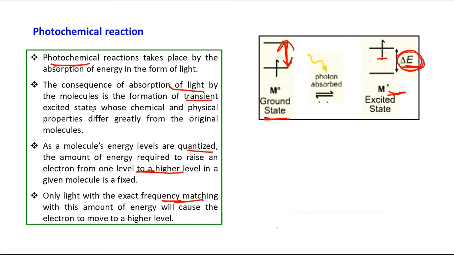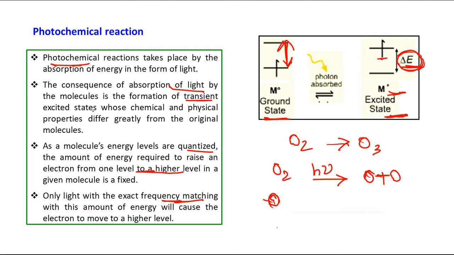If we see an example of this type of photochemical reaction, you can consider the formation of O3 from oxygen. Here, in the presence of h nu, the diatomic oxygen molecule forms 2 oxygen atoms, which are the transient species as mentioned here.